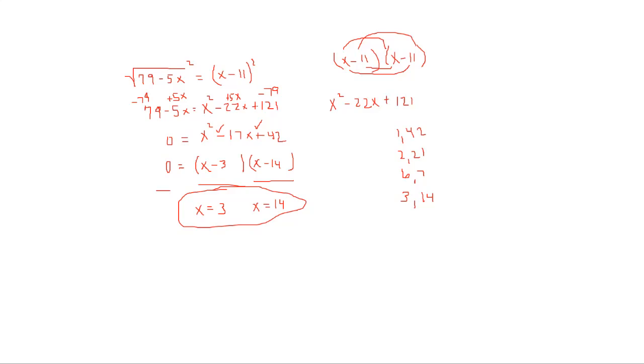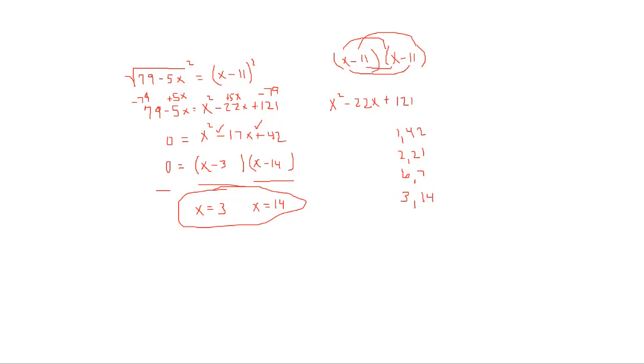And let's see what we have here. Well, we have only one solution. We have 14 and 3. So we need to go back and investigate why we only have one solution. And it probably has something to do with the fact that we are working with square roots. So let's take a look at that and see. Let's go back to our problem. And let's see what the problem is.